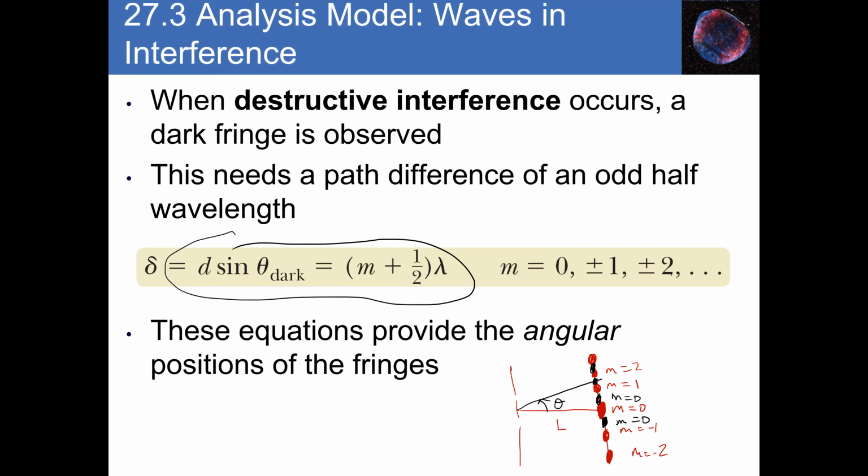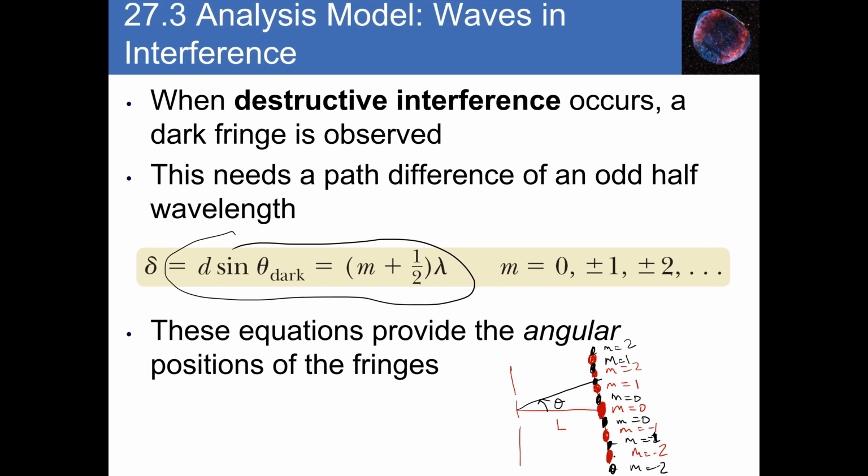That means the first dark fringe has the order of m equals 0. The second dark fringe has the order of m equals 1. The third dark fringe has the order of m equals 2. Same thing here, m equals negative 1, so then this will be m equals negative 2.